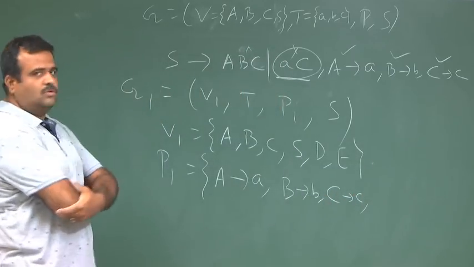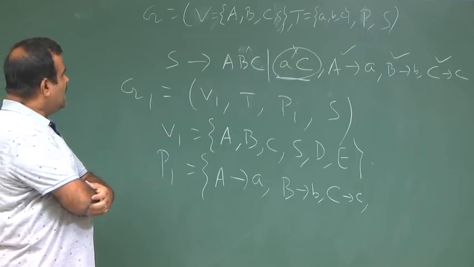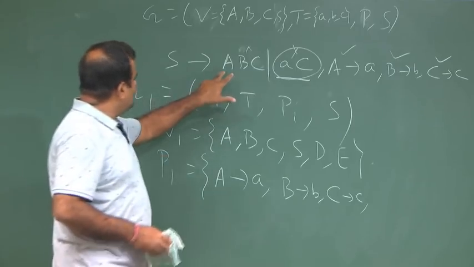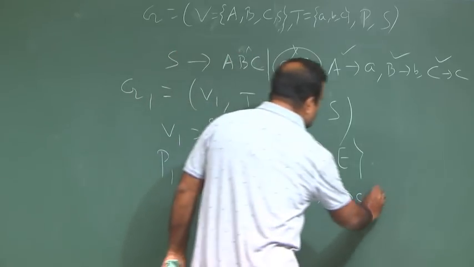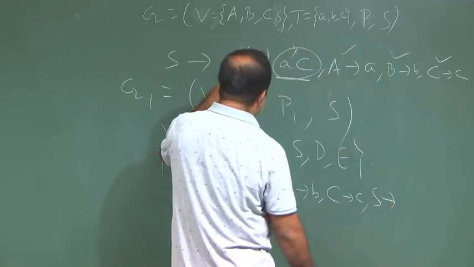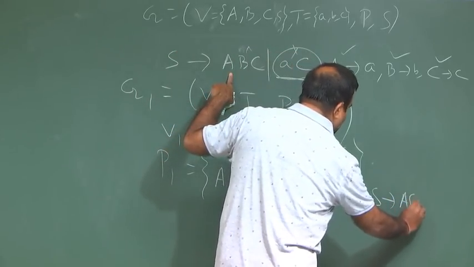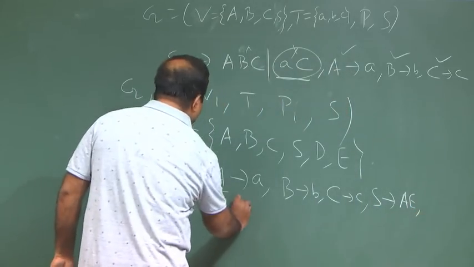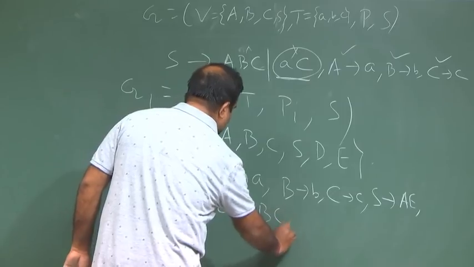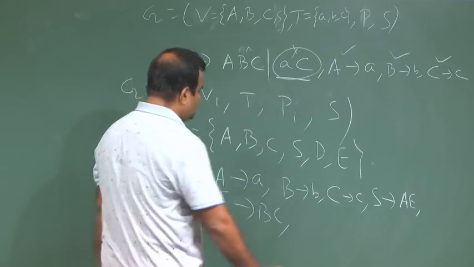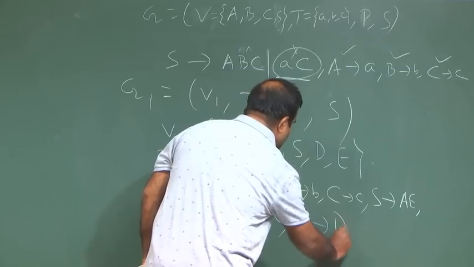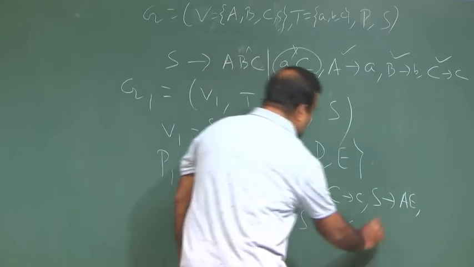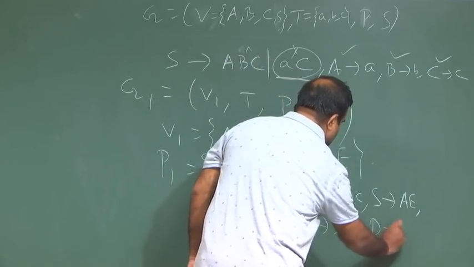Next we replace S is going to AE, and E is going to BC, and S is going to DC, and D is going to a.